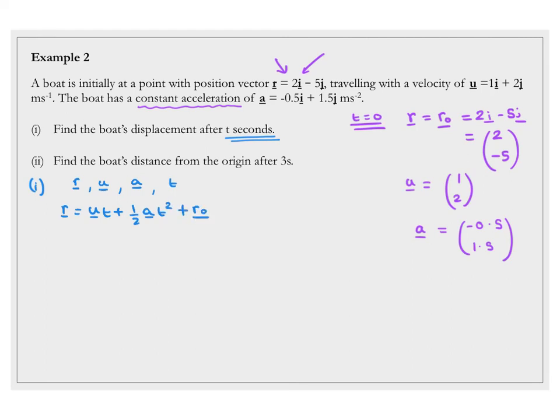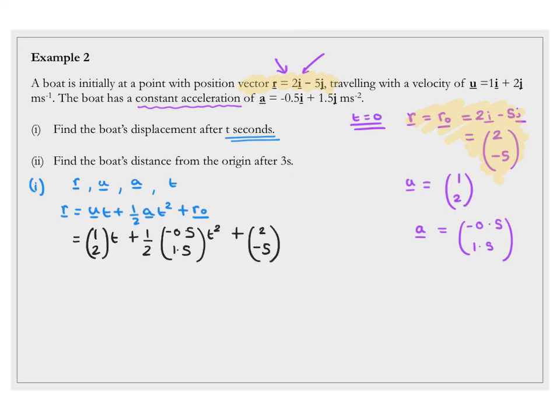plus r0. Now, why do I have to add on the r0? Because the particle is initially not at the origin. It's at this point here, which we have labelled r0, that we have labelled its position vector as r0. So let's proceed. So u is (1, 2), t is t, plus a half, the acceleration vector (-0.5, 1.5), t squared, plus (2, -5).